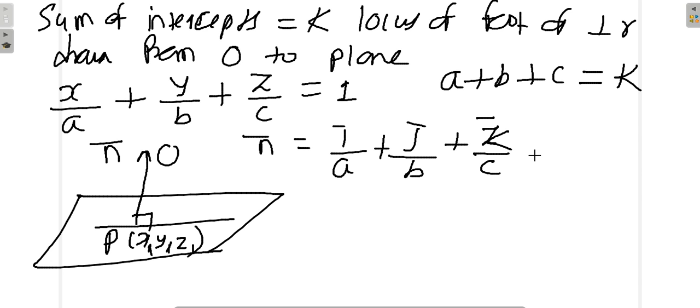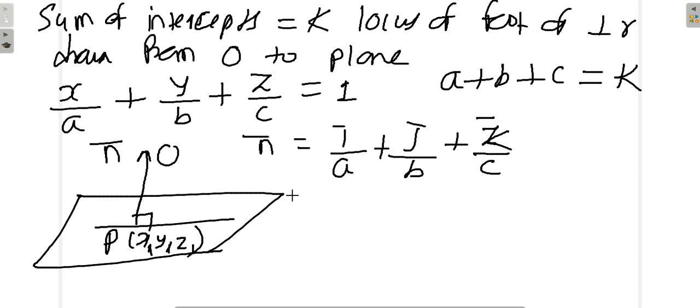Let us find the equation of plane. So equation of plane in the form of x1, y1 and z1.